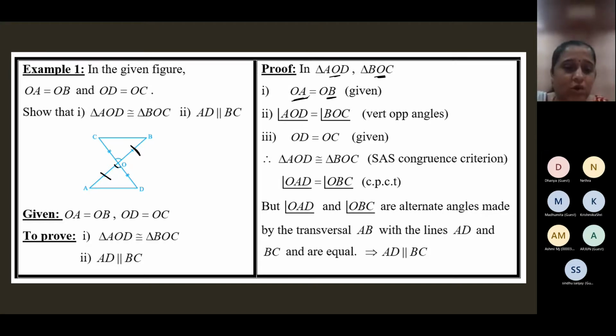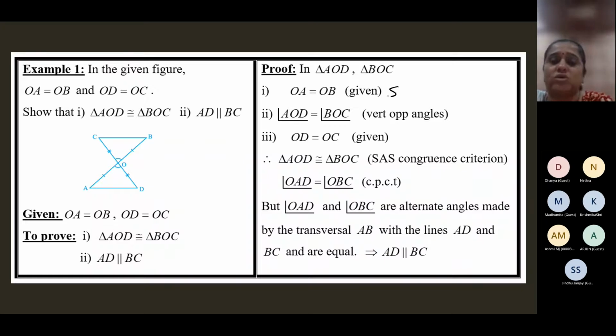Then angle AOD of the first triangle is equal to angle BOC of the second triangle because they are vertically opposite angles. And then OD of the first triangle is equal to the side OC of the second triangle because it's given. So now we have written three pairs of equalities.